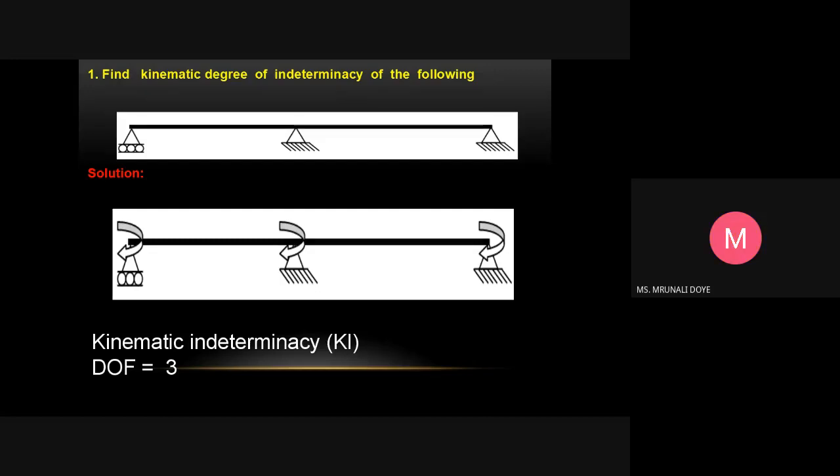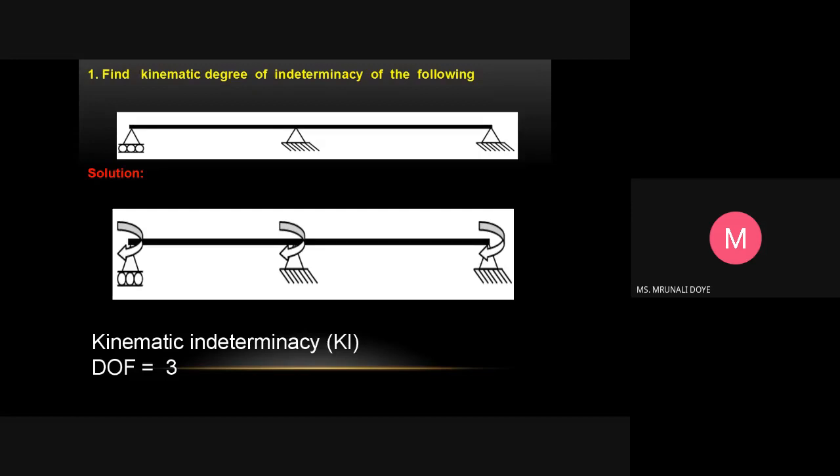What is the possible displacement at the roller support? Only theta z, only rotational displacement. You can see in the solution, I have shown only the rotational displacement.